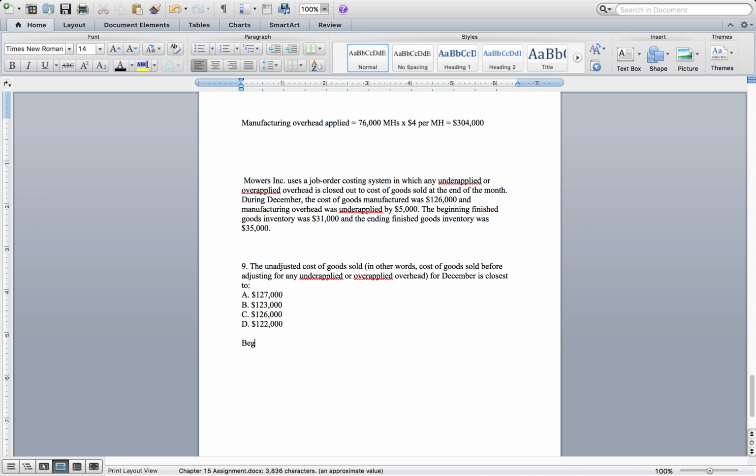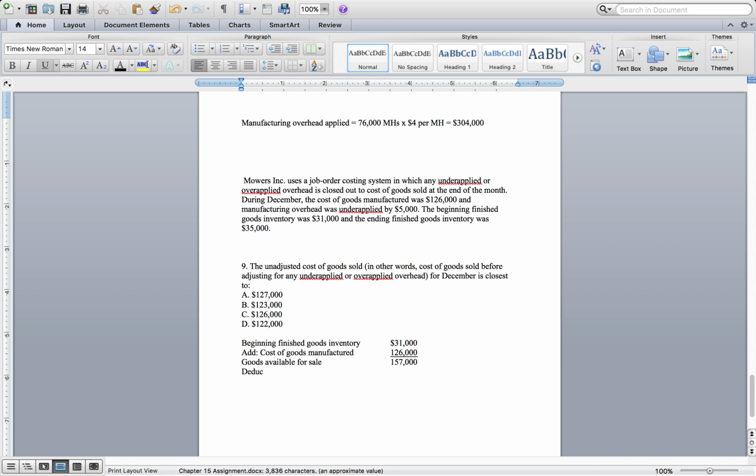So again, start with the beginning finished goods inventory, which is $31,000. Add the cost of goods manufactured, which is $126,000. When we do this, that's the goods available for sale, which is $157,000.